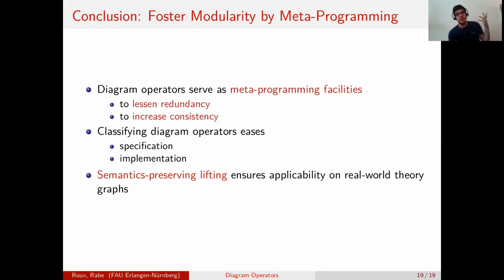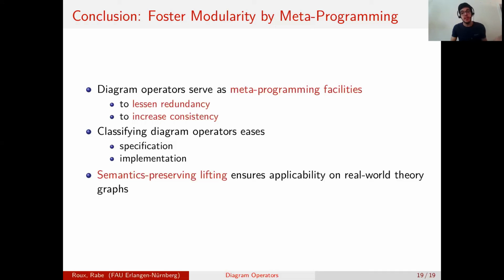We understood that we can achieve modularity by method programming, and we can achieve method programming by diagram operators in the formalization world, which lessens redundancy, which is never good for human maintenance, as we've seen, and increases consistency.